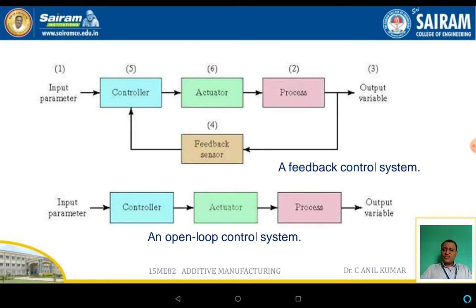These are the essential elements in a closed loop control system. But in the case of an open loop control system, only five elements are sufficient: the input parameter which is controlled, the actuator, and the process that is executed, giving the output variable.